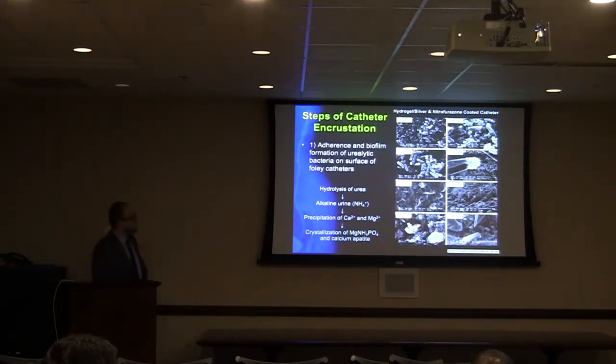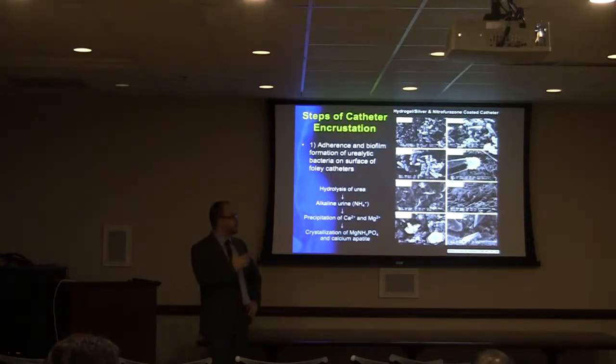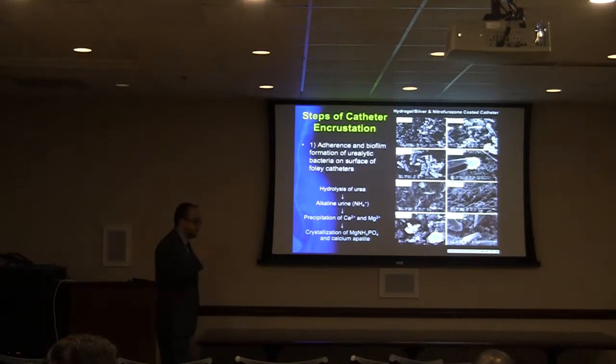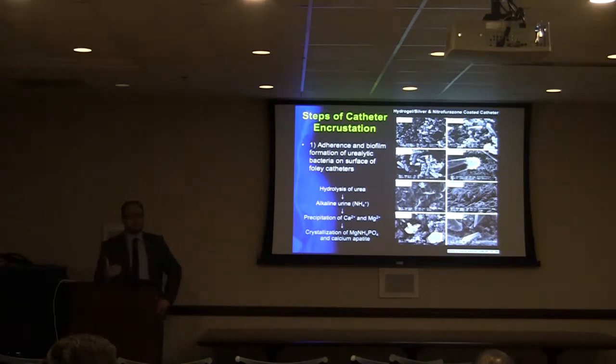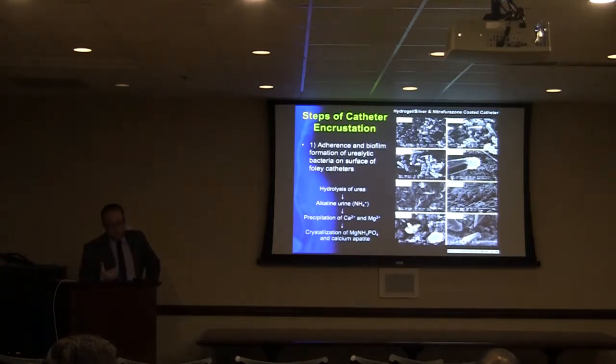Now, why is that? Let's go through that step by step. In this particular scenario, we're talking about encrusting a Foley catheter. Bacteria start attaching to the surface of the catheter and they form biofilm. These bacteria produce urease, and so they hydrolyze urea, of which there's lots in urine, which produces ammonia.